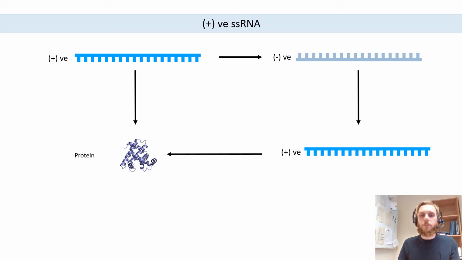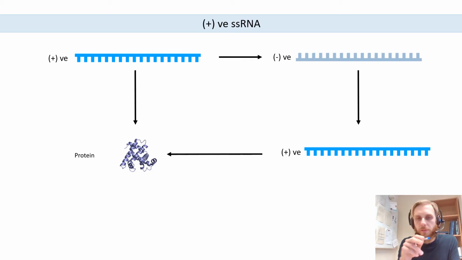If a virus wants to have long-term expression of viral proteins, if it wants to increase the amount of viral protein being made, it needs to produce copies of the viral genome. It needs to make more and more positive sense RNA copies, and these additional copies can then also be translated into protein.